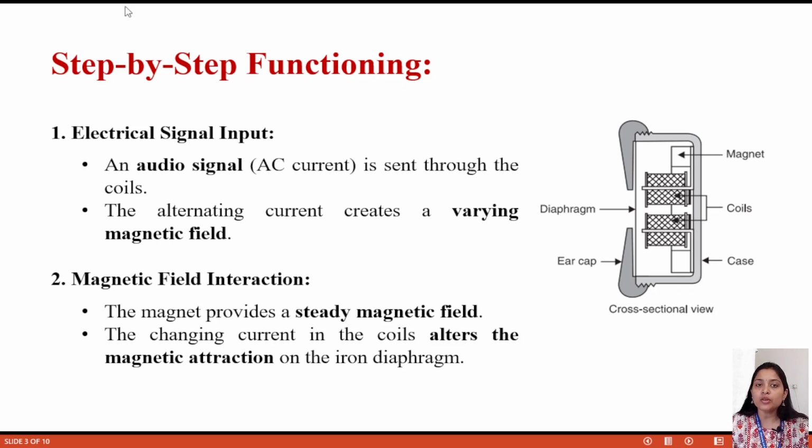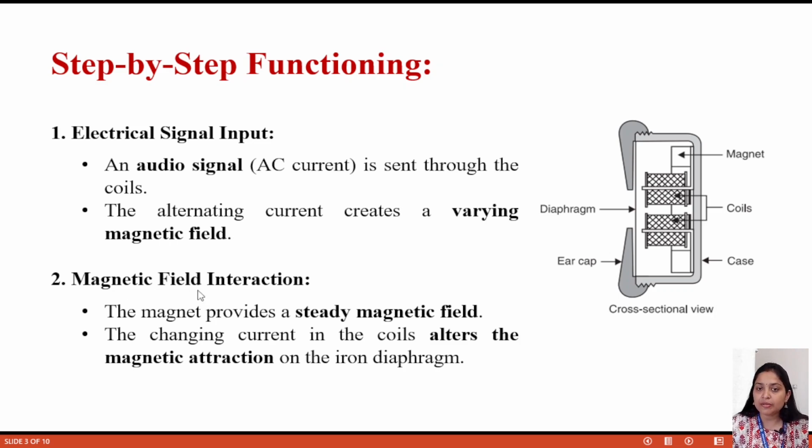Electrical signal input: the audio signal or AC signal is sent through the coil. As it is an audio signal, it is an alternating signal and continuously varies. When it passes through the coil, it produces a varying magnetic field.